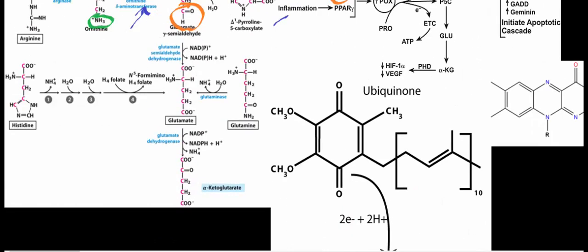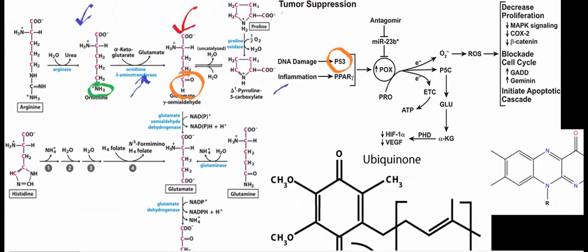Okay, now what you must understand is we have proline, and what we can essentially do is dehydrogenate it into something called delta 1 pyrroline 5 carboxylate. And that product is what you see right here. It's delta 1 pyrroline, not proline, delta 1 pyrroline 5 carboxylate.